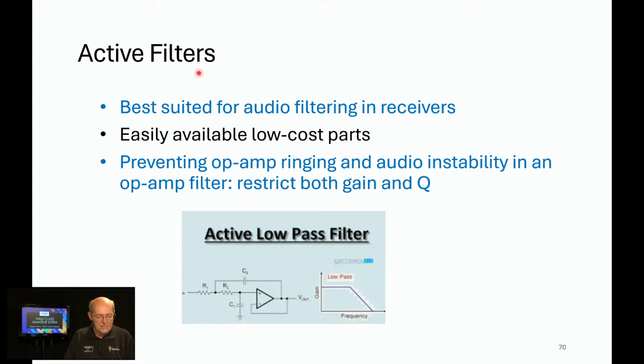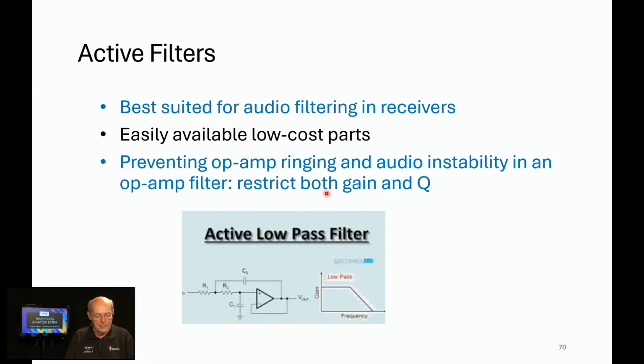All right. Some things in context to the pool. Best suited for audio filtering and receivers. That's because op-amps are relatively low-frequency devices. Parts are cheap. And then a little factoid that you need to know, preventing op-amp ringing. Remember we saw that oscillators needed a feedback loop and gain. Well, that can be a problem if your op-amp starts to oscillate.